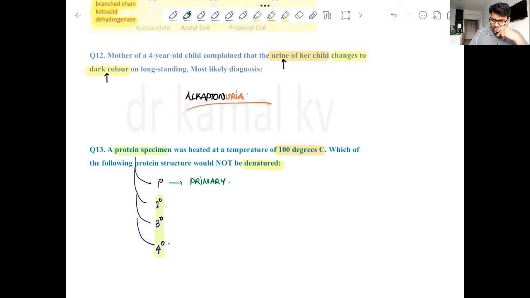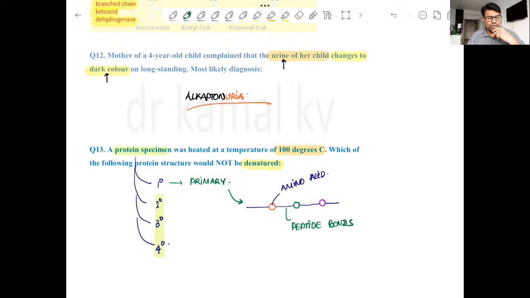And what is the primary type? There are peptide bonds, and these peptide bonds are actually linking the amino acids. So you can say these are polypeptide chains. So these are all amino acids and these are the peptide bonds, right? So this is the primary structure and it remains as such.